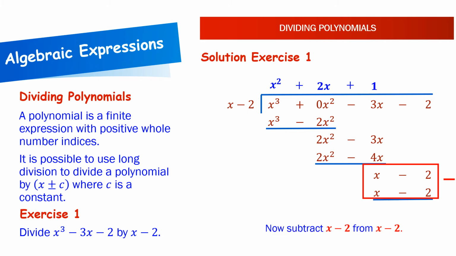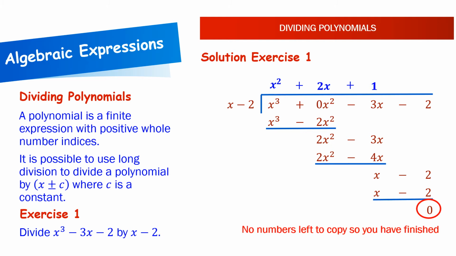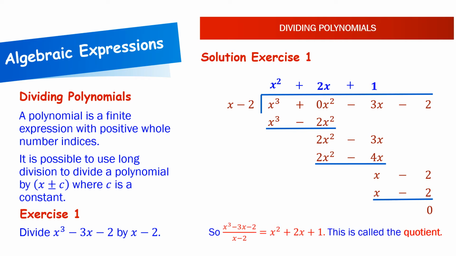And subtracting gives us 0. And since we have no more numbers to copy, we've actually completed the question. So x cubed minus 3x minus 2 divided by x minus 2 equals x squared plus 2x plus 1. And this is called the quotient.